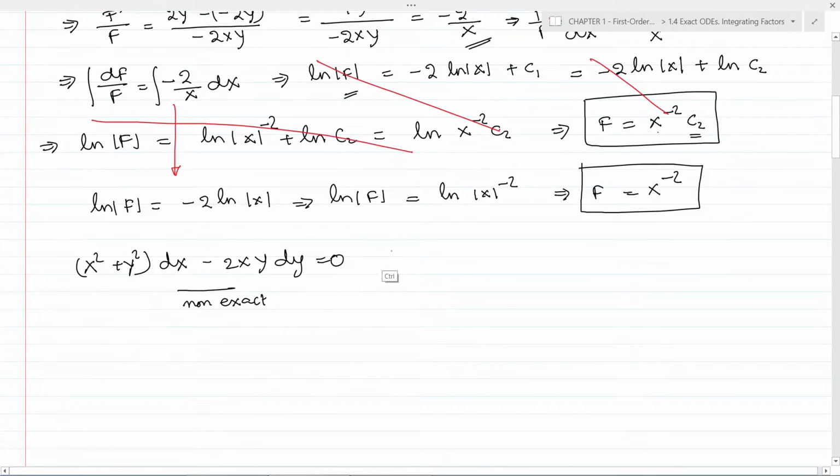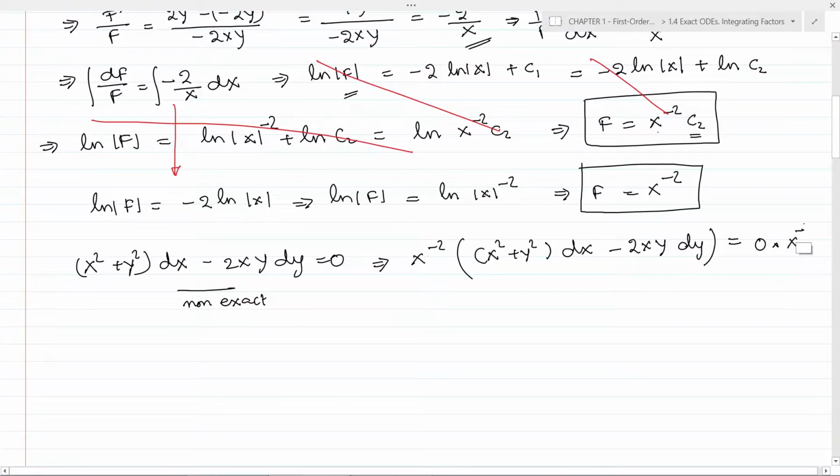We multiply both sides by the integrating factor x to the power minus 2 multiplied by (x square plus y square) dx minus 2xy dy on the left hand side, and right hand side we can write 0 multiplied by x to the power minus 2.